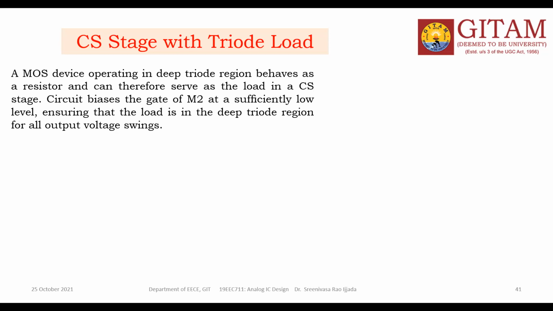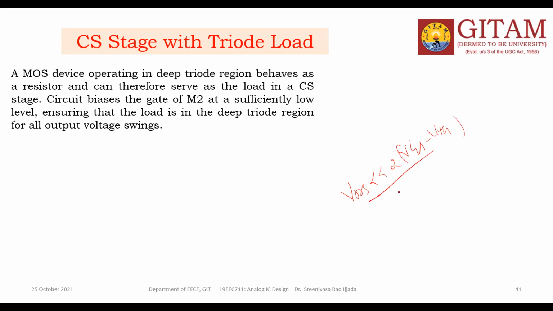Now, a MOS device operating in deep triode region behaves as a resistor, we know. What is the deep triode region? The condition is that your VDS should be far less than 2 times (VGS minus VTH). This is the deep triode region.